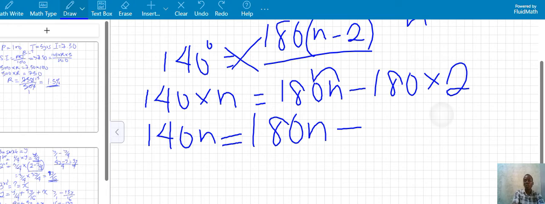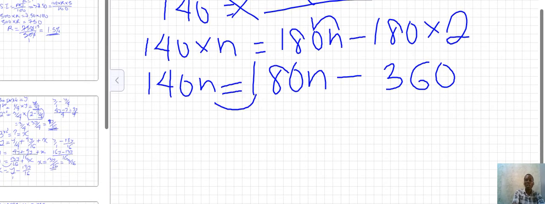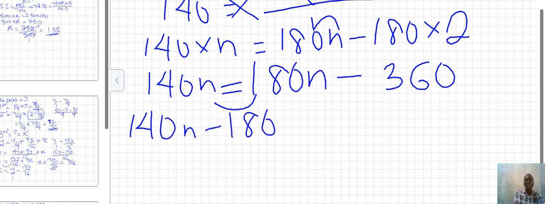2 times 0 will give us 0. 8 times 2 will give us 16. 2 times 1 will give us 2, plus that one, 3. So 360. If we do that, this will come over here to give us 140n minus 180n equal to minus 360.